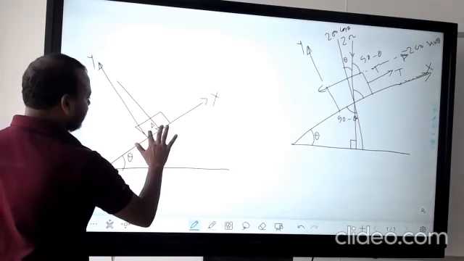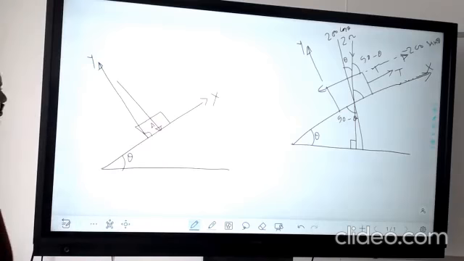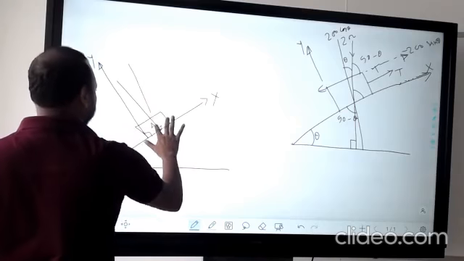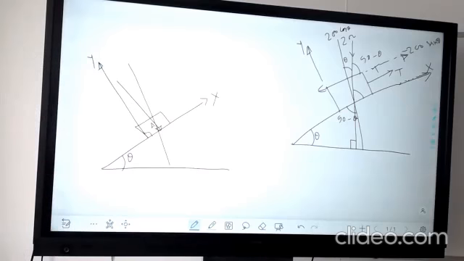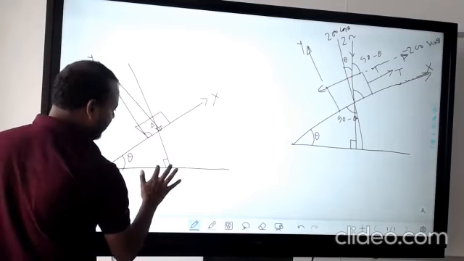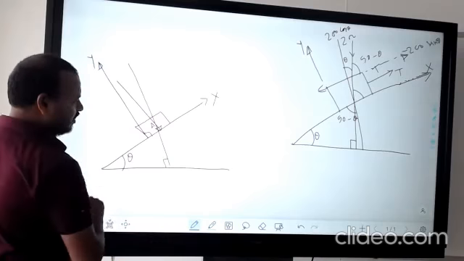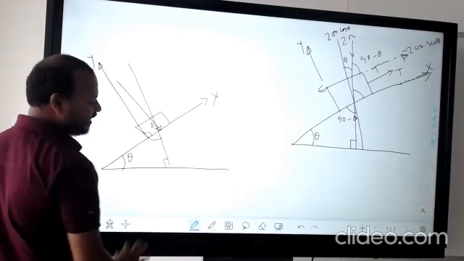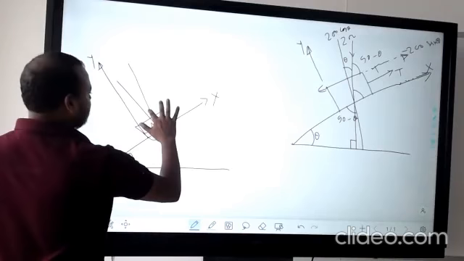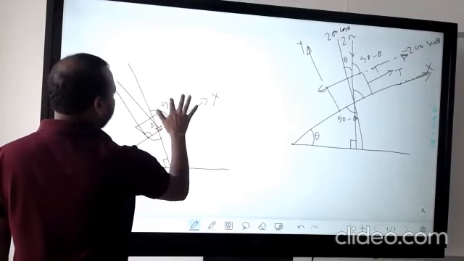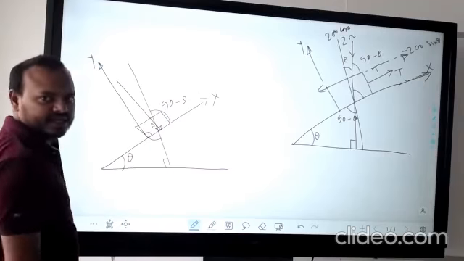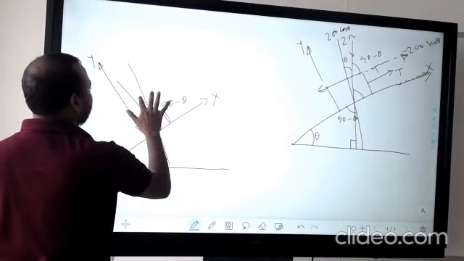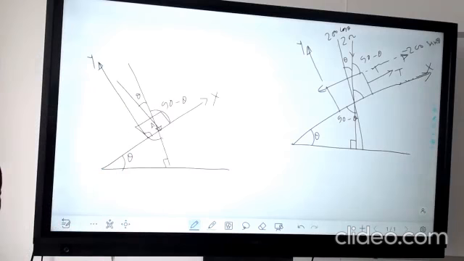And this angle will be 90 degrees. Similarly, we can shift it parallel. Okay. So this is your 90 degrees. This is your theta. Then this angle will be 90 degrees minus theta, and this angle will also be 90 degrees minus theta. And this is total 90 degrees. So this angle will be theta. Okay.